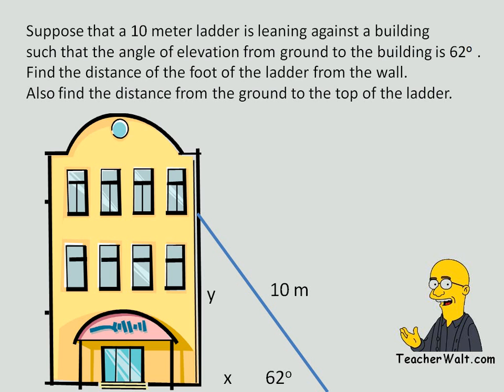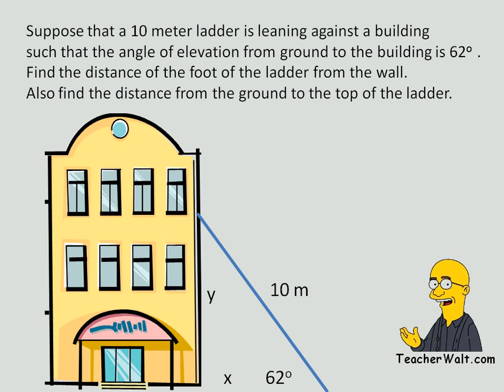Now, after you assign these values, you begin to look for relationships between what's given and what you're trying to find. Now, in this case, you're given 62 degrees and 10 meters, and you're looking for, for example, y, the distance from the ground to the top of the ladder.